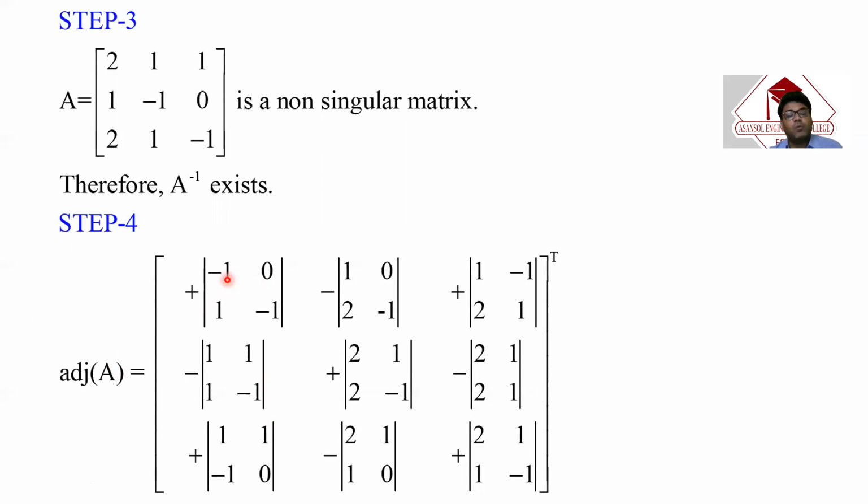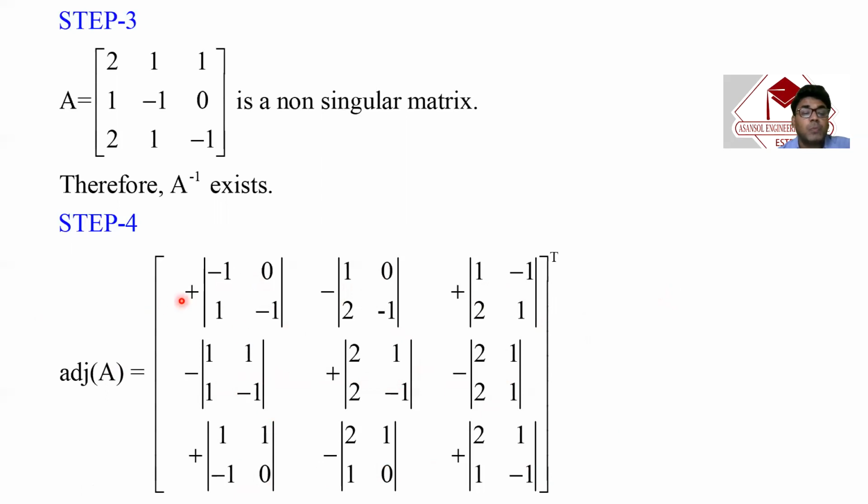This is your A11, A12, A13, A21, capital A21. That is all cofactors: A11, A12, A13, A21, A22, A23, A31, A32, A33. So already you know the formula. What is A11?